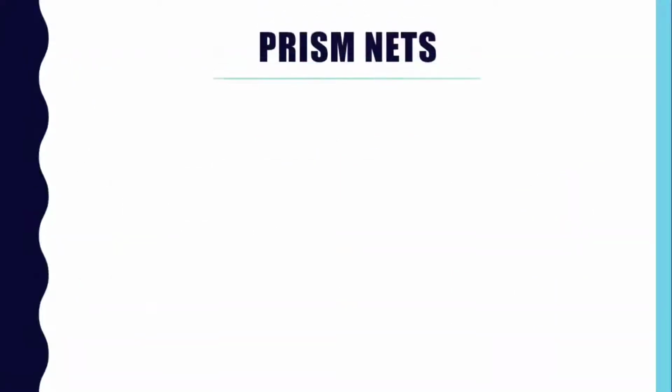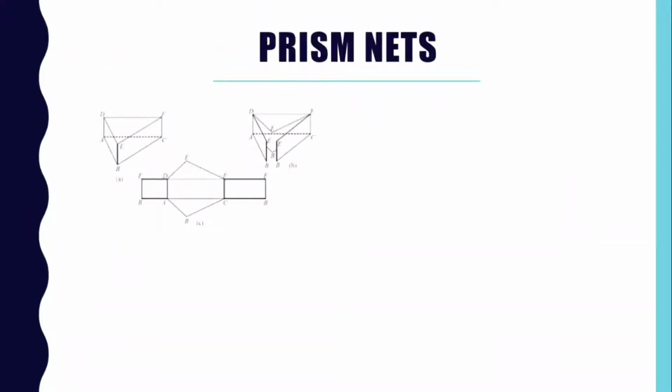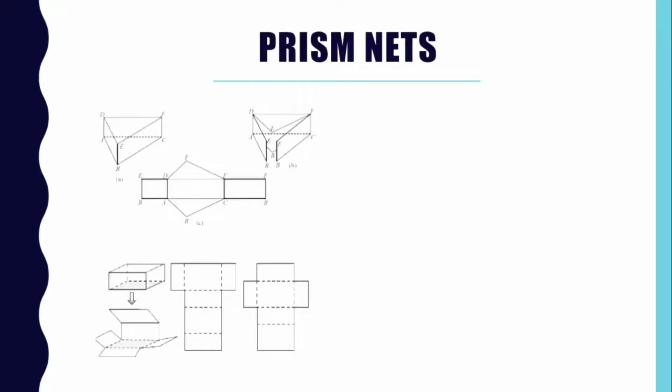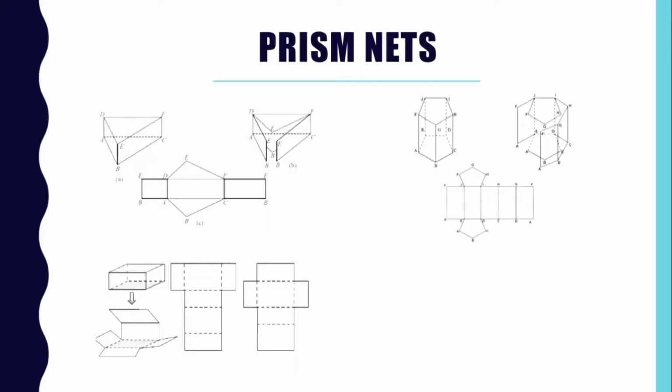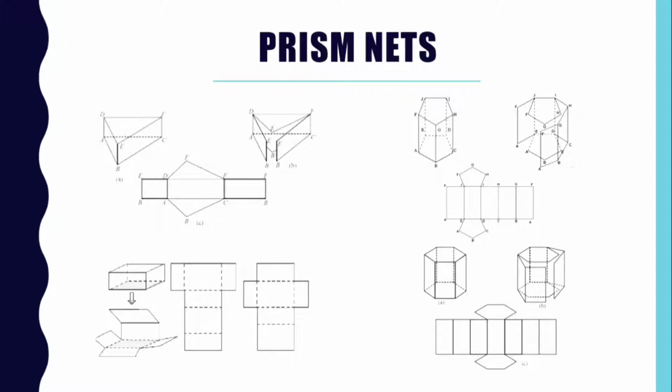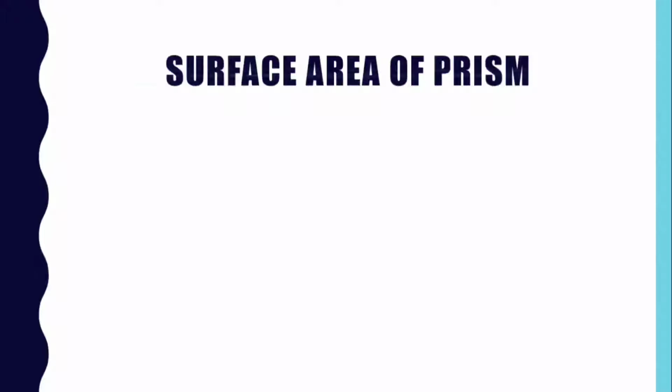There are prism nets. First, this is a prism net of a triangular prism, and then this is a prism net of a rectangular prism, and then this is a prism net of a pentagon prism, and then this is a prism net of a hexagon prism. Look at the picture.